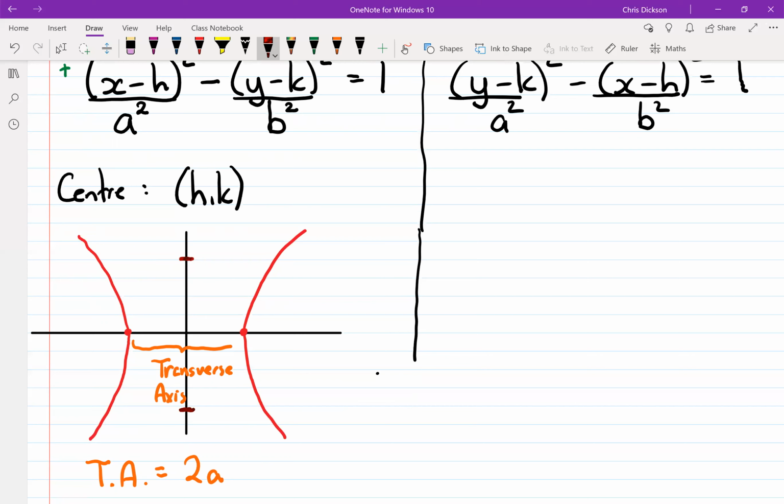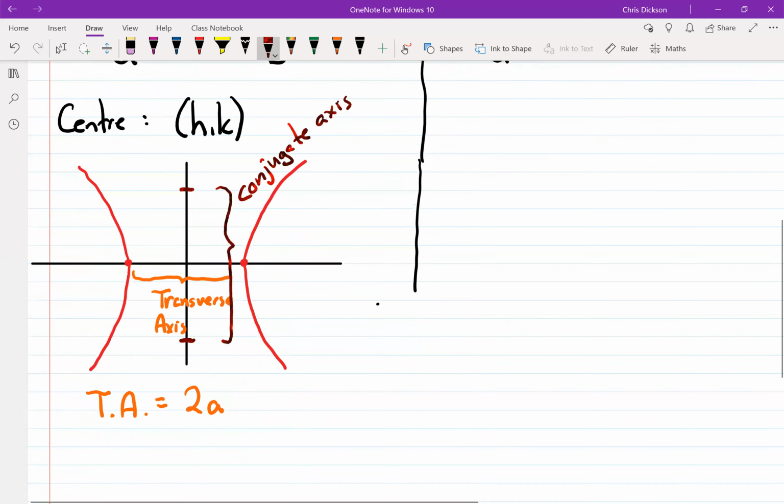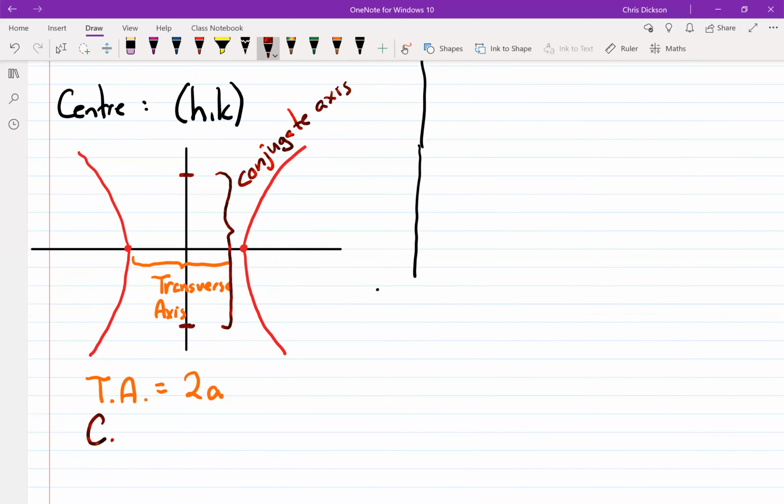This is referred to as the conjugate axis. I'll need to talk a little bit more about that later because it doesn't make sense right now why we would have these arbitrary points on the line. I'm going to call that the CA. And the conjugate axis, as you might predict, is equal to 2B.